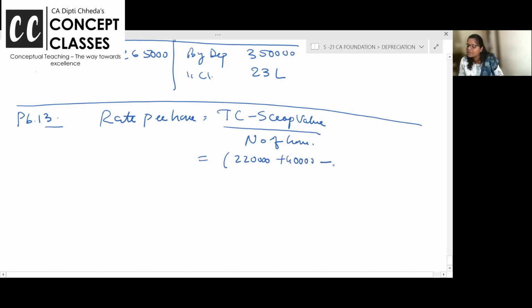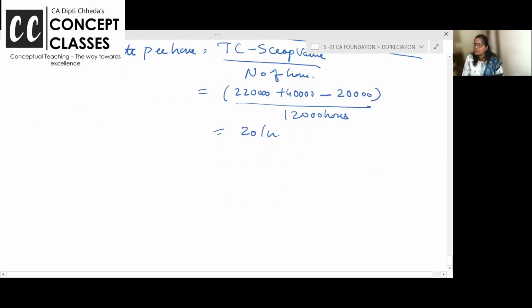And then you have got the scrap value also, 20,000, divided by number of hours, 12,000 hours. Let's do it together. 220 plus 40 minus 20, divided by 12,000 hours. 20 per hour. And now we can just go on writing every year.